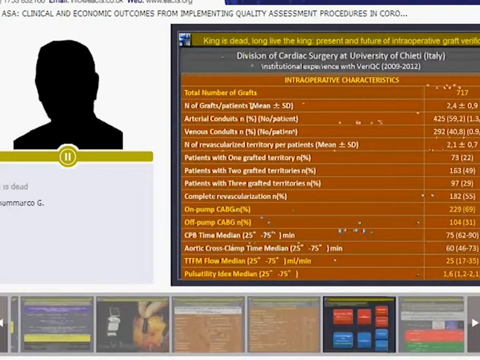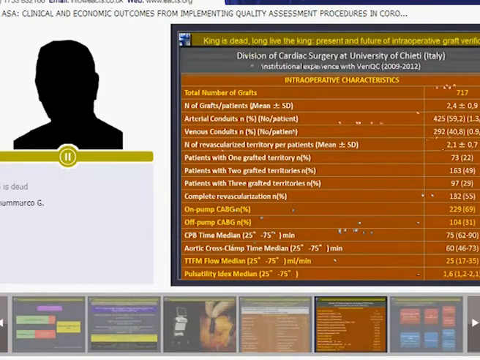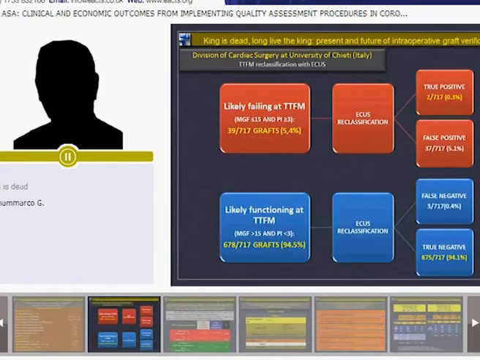We went to reclassify those transit time flow specimens using the high-resolution epicardial imaging. So we considered the so-called likely failing graft at transit time flow measurement. I mean, those grafts showing a mean graft flow below 15 milliliters per minute and a PI above 3.